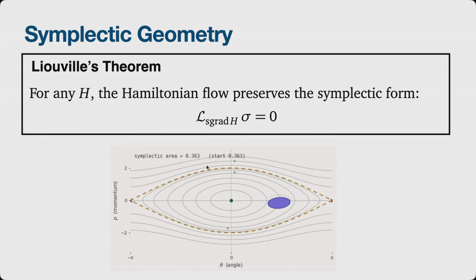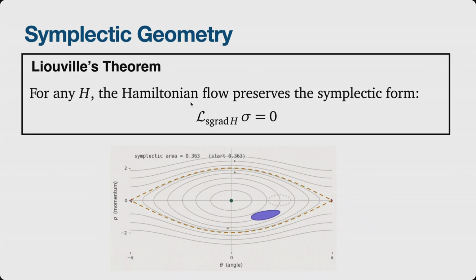This is a phase portrait of the pendulum example that I included a few slides before. You can see this is a space of angle and momentum, and each curve in this phase space denotes a possible trajectory of the pendulum motion given some initial conditions. And the symplectic form supplies the geometry that the flow must respect.